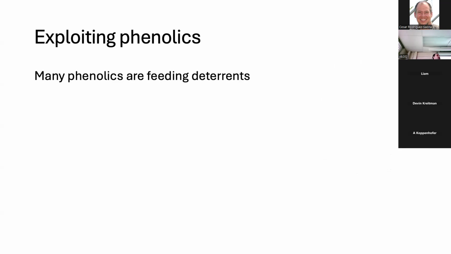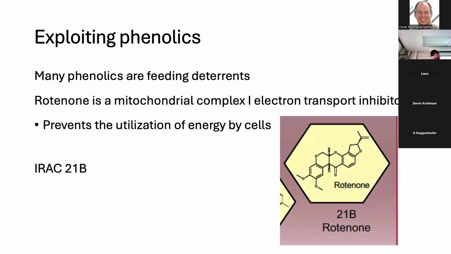However, because many of them are feeding deterrents, they're not directly toxic like some of the other ones. So there are way fewer phenolic pesticides out there than nitrogen-containing pesticides. But one phenolic pesticide that is derived from a naturally occurring phenolic is rotenone, which is a mitochondrial complex electron transport inhibitor.